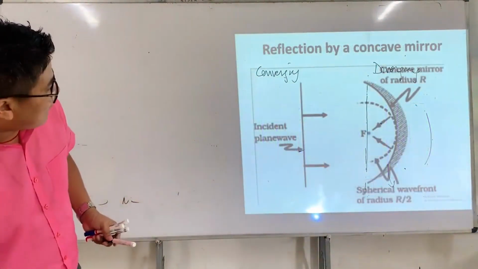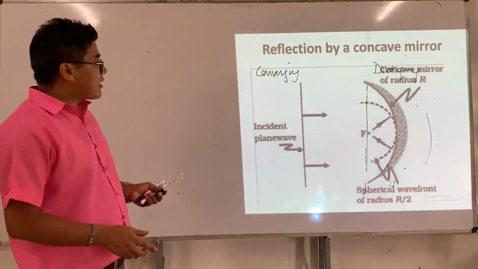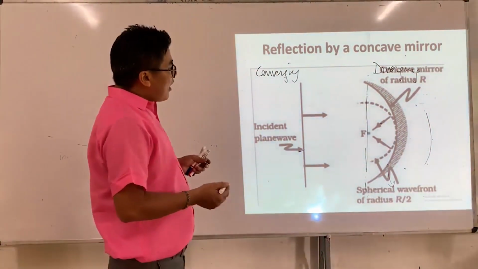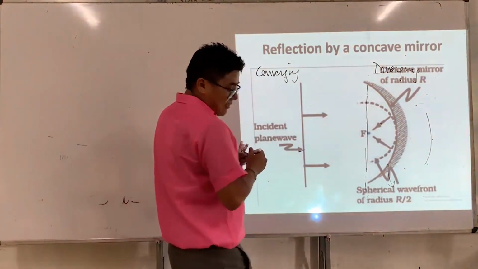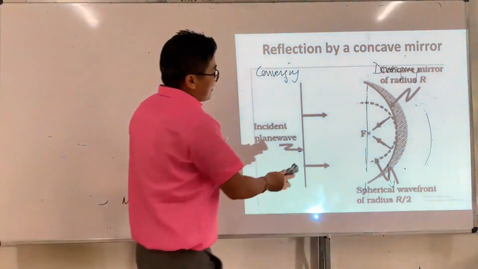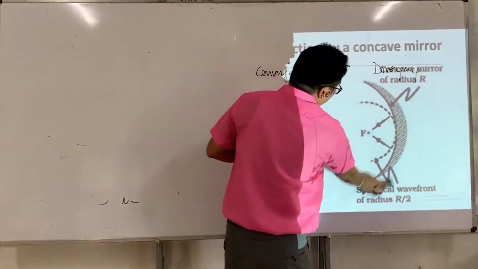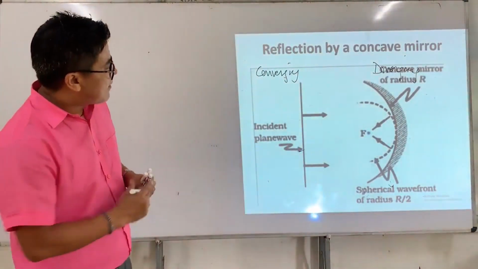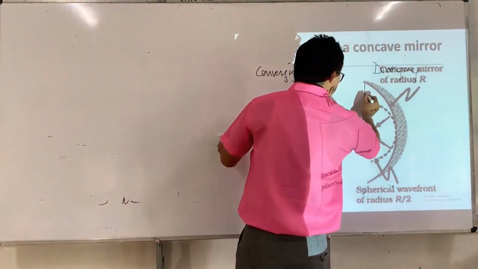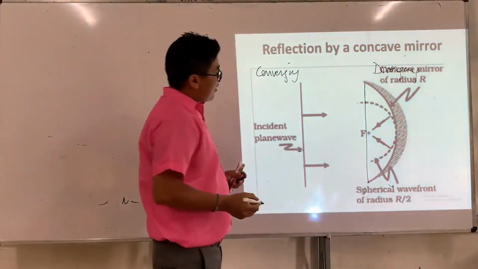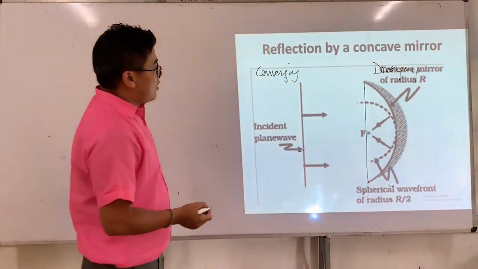And this is what we have for a concave lens. Again, the point is that light travels at equal speed. All the waveforms travel at equal speed. However, look at it, this is the incident waveform.